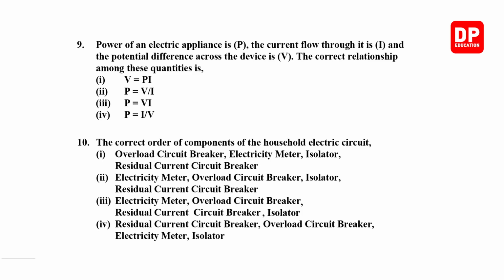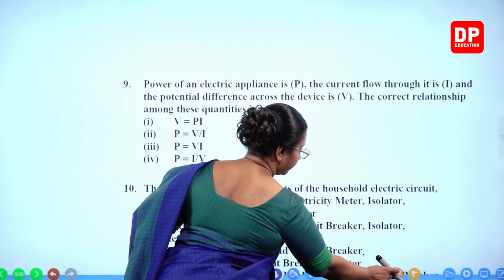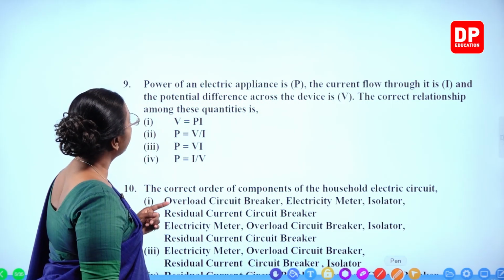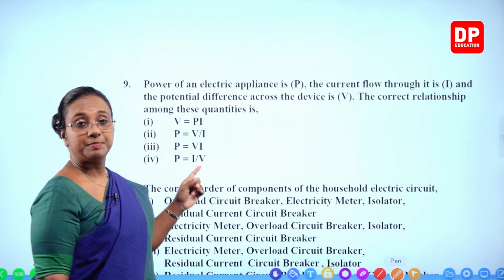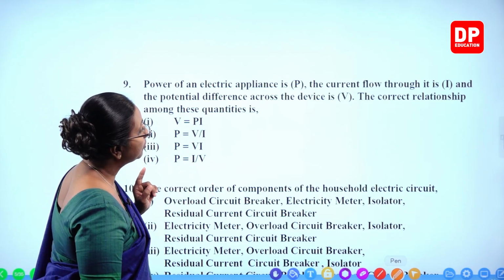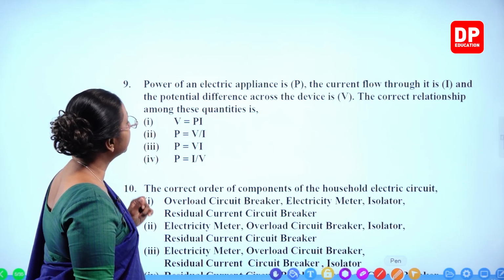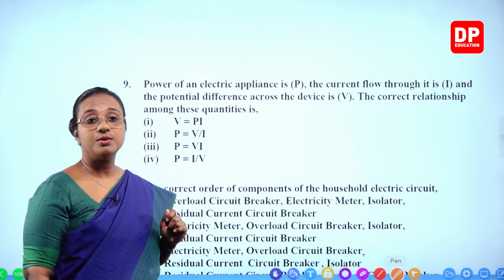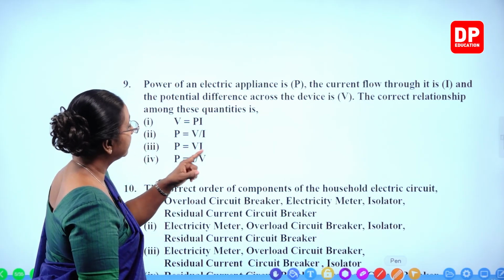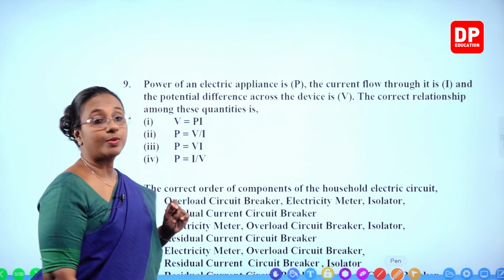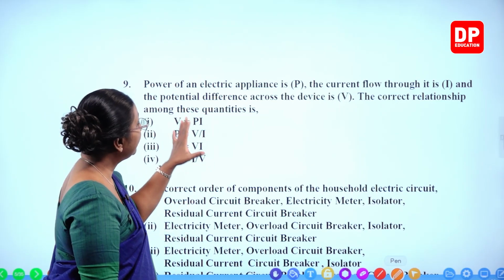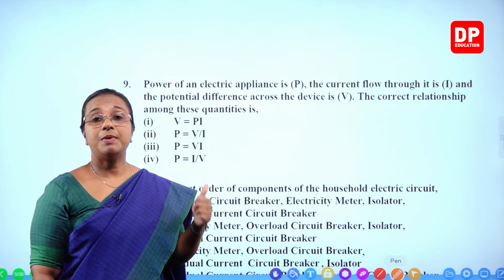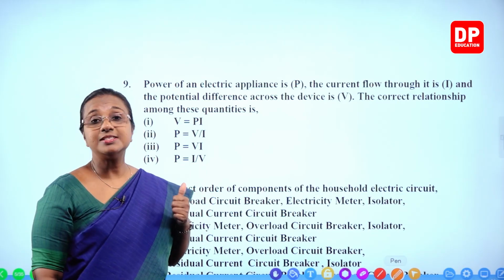So extra question 1, under that question number 9. The 9th question. The power of an electric appliance is P, the current flowing through it is I and the potential difference across the device is V. The correct relationship among these 3 quantities: power, potential difference and current.